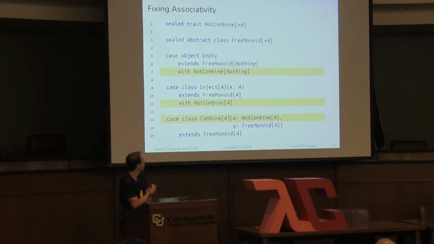And we take the empty node and the inject node with not combine, because they are obviously not combine. So by this, we just exclude combine nodes on the left-hand side here. OK, that means we can already guarantee associativity because everything will be associated to the right, because combines always have to be on the right-hand side.